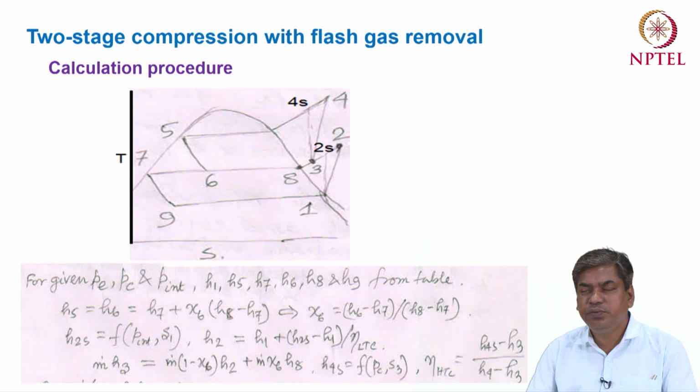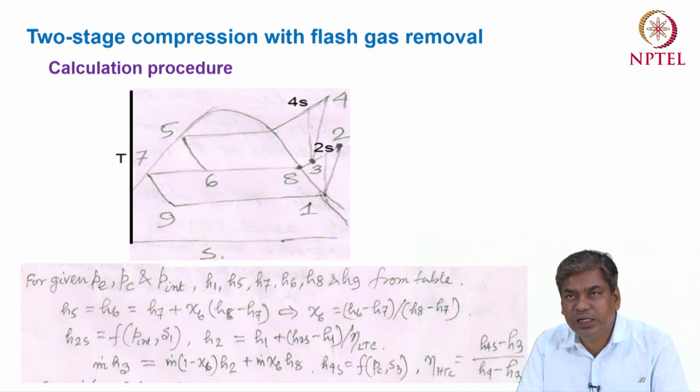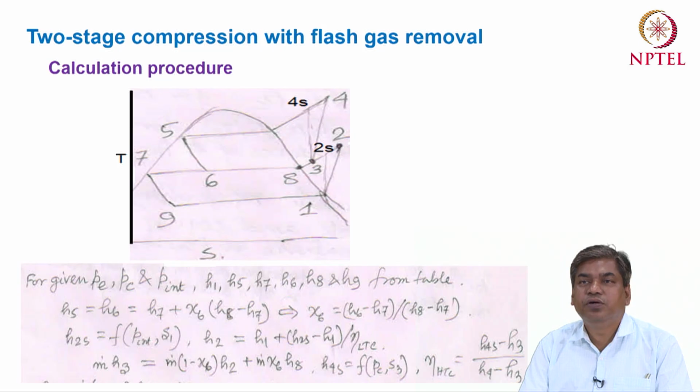Okay, so that means if you know the mass flow rates at points 2 and 8, then we can again use the energy balance for the mixture. That means the total mass flow rate multiplied by H3 is equal to the mass flow rate at point 8 times H8 plus the mass flow rate at point 2 times H2. So by using this energy balance, we can calculate the enthalpy at point 3.